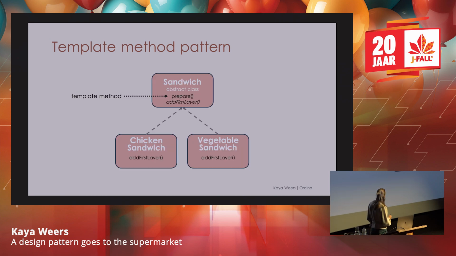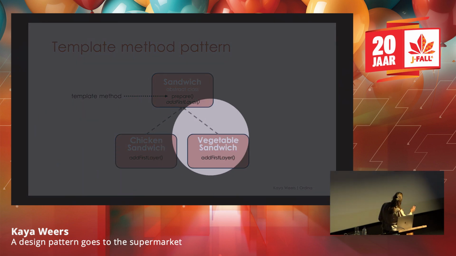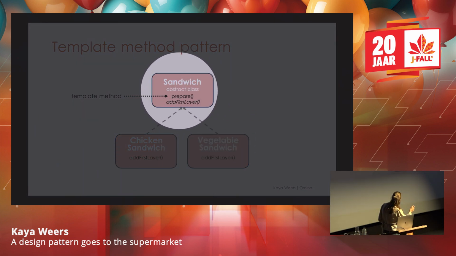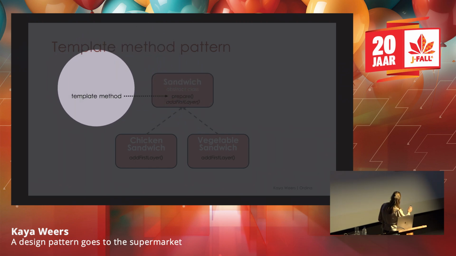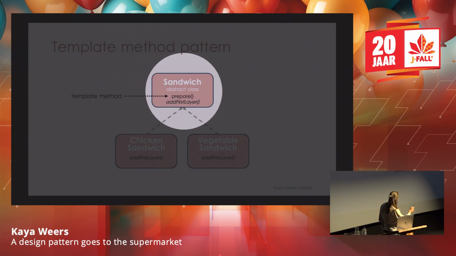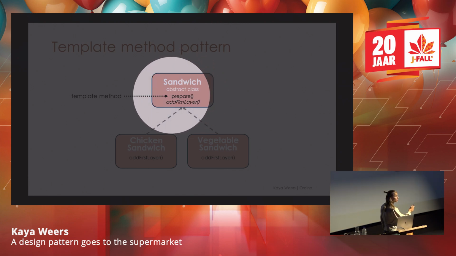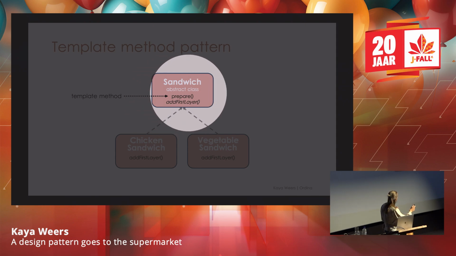So here's how it looks in the scheme. You see that we have a sandwich, and it has the prepare method, and that's the template method. So in that method, it's a concrete method, everything is defined for the steps. And then some of the steps needs to be implemented by the subclasses.